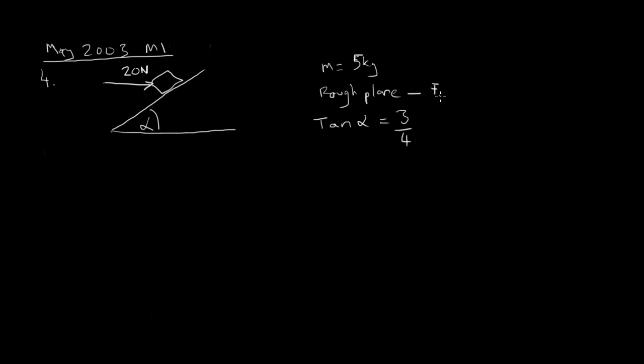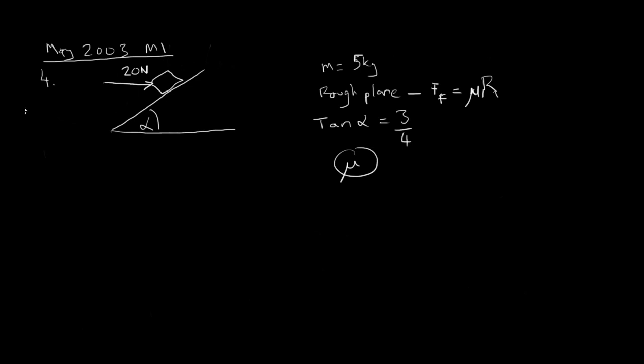The force of friction is given by mu, which is the coefficient of friction, times the normal reaction of the plane. Now, it says to find mu. So to find mu, we need to find an equation of motion which we can use.